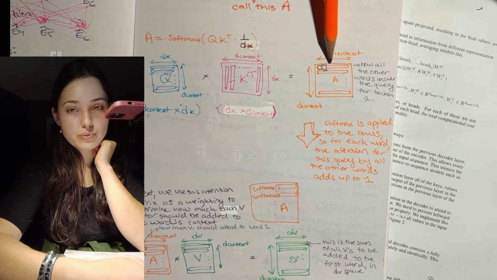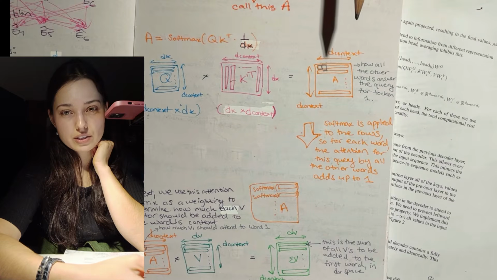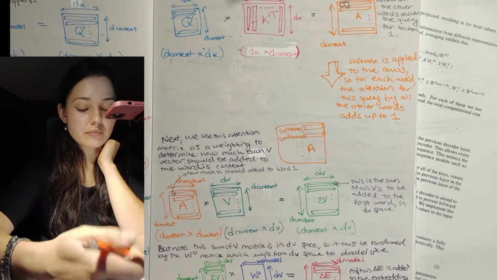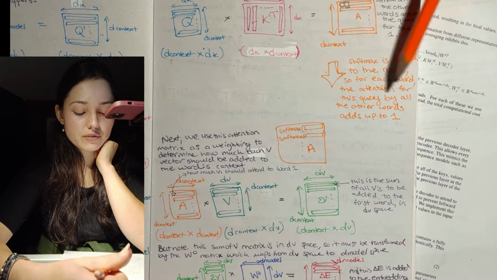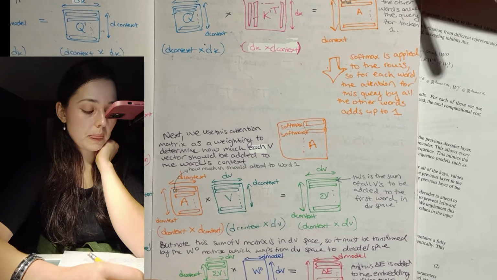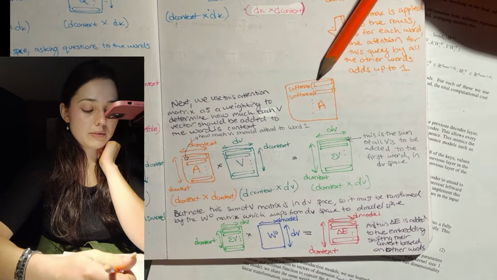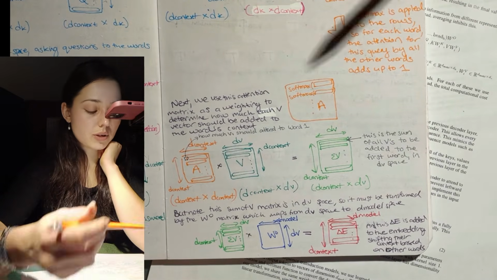How much does the third word answer this query? We want it to sum to 1, so it's kind of a probability distribution. So we softmax the rows. For each word, the attention for this query by all the other words sums up to 1. I'm showing it here: we take the softmax of each one of these rows.